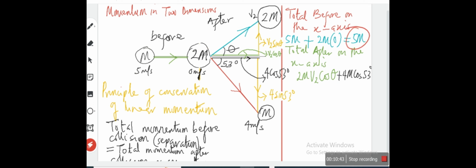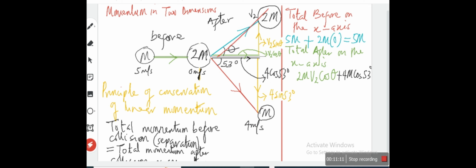After collision, this velocity is 4 meters per second. The horizontal component of the velocity is 4 cos 53 because the angle is 53. So the momentum is m times 4 cos 53, mass times velocity. That's why I have 4m cos 53, and it is on the x-axis.